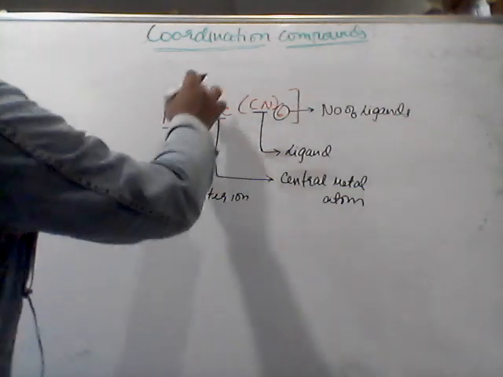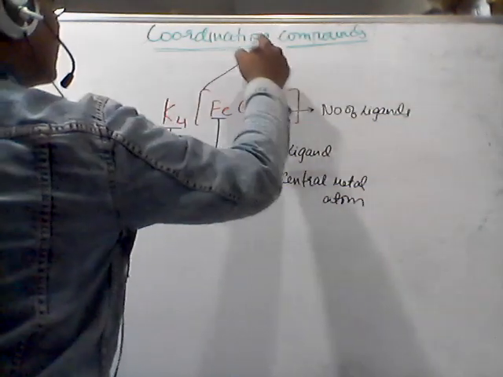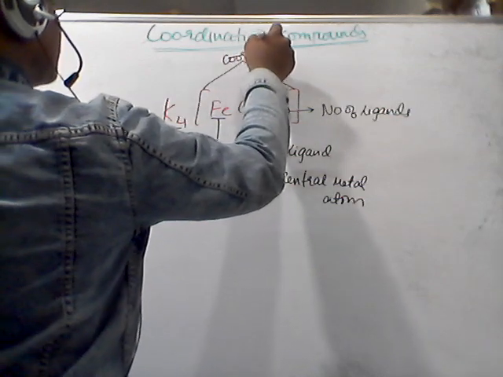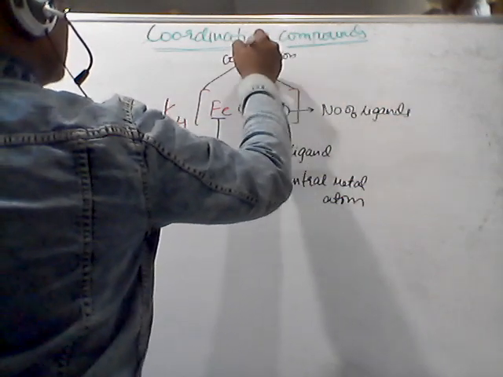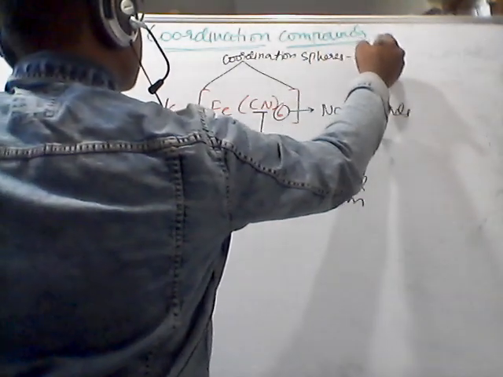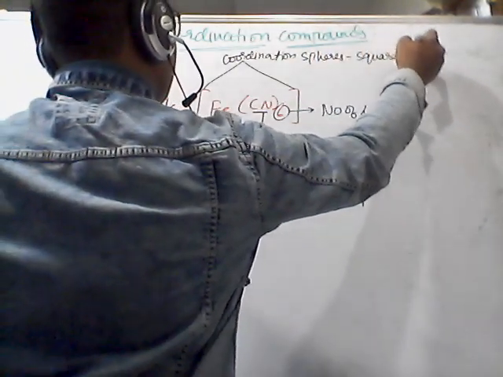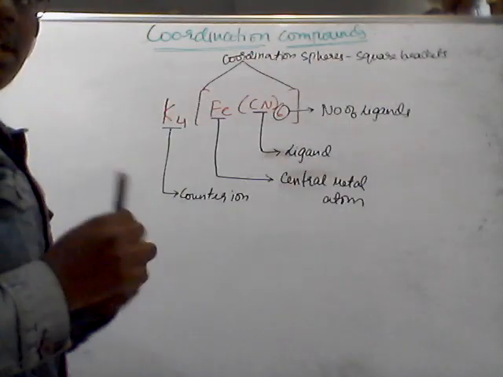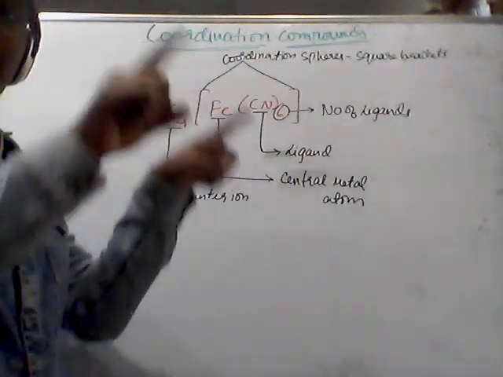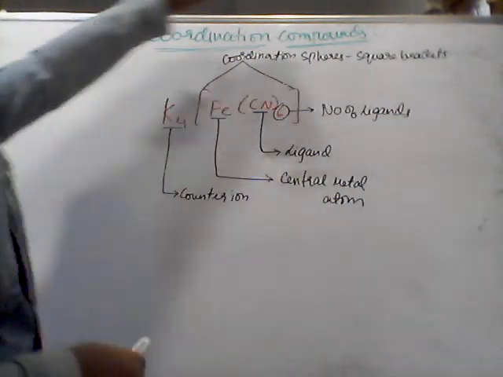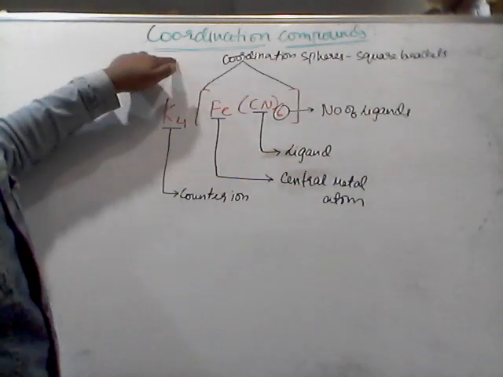Okay, and then these square brackets here are called coordination spheres. The coordination sphere is a square bracket in which we represent the coordination compound, and this whole thing is called a coordination compound.